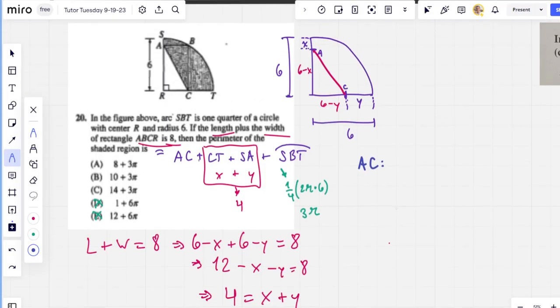Maybe an easier way. Let's see. Diagonal there. Oh, that's just 6, right? The radius from here to here, it's also 6. So why don't we just set that equal to the radius, which is 6.